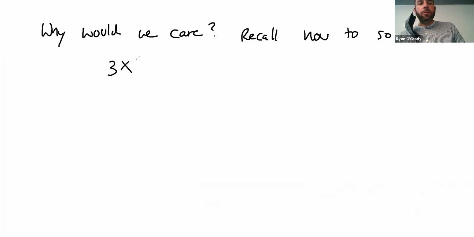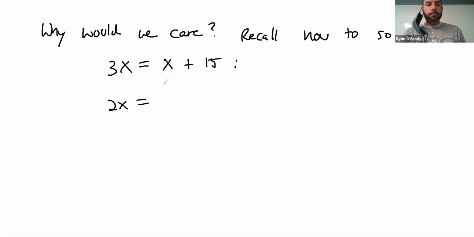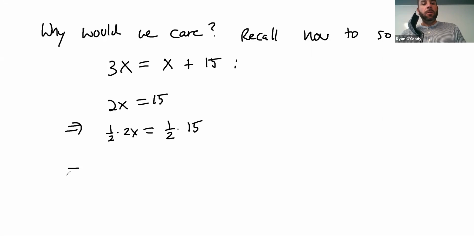Suppose I wanted to solve this basic equation that I would study as a kid: 3x equals x plus, say, 15. How would I solve this? This is the same as 2x equals 15. And then that implies that 1/2 times 2x is equal to 1/2 times 15. So we are able to undo what happened to x by taking these inverse operations, and we get that x is equal to 15/2.